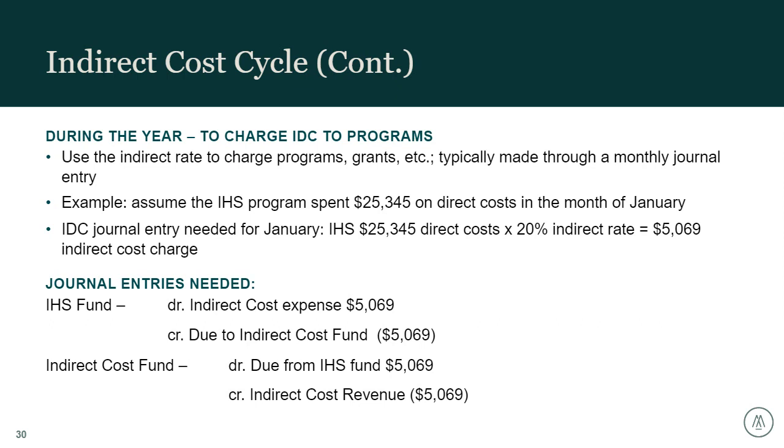In this instance, we use due to indirect cost fund of $5,069. Then the mirroring entry would be in the indirect cost fund, where we would record a debit due from IHS fund, and a credit recorded as indirect cost revenue in the same amount.